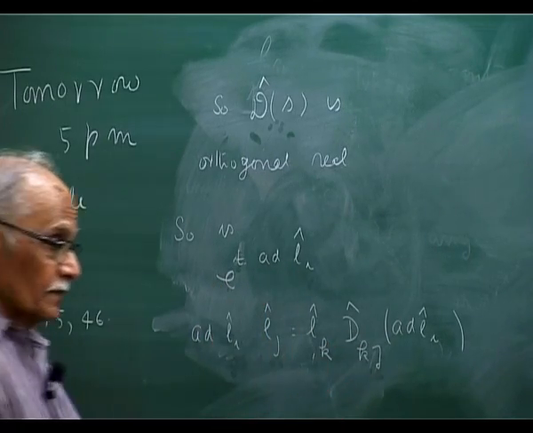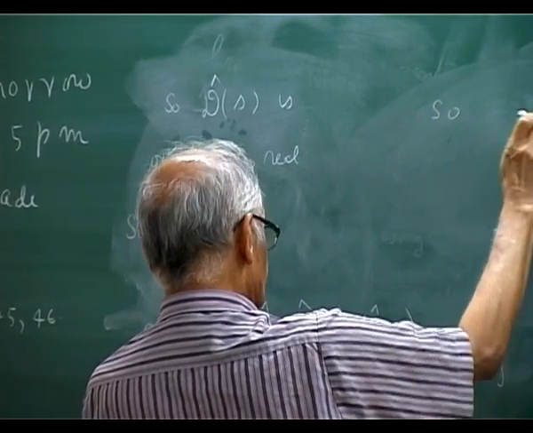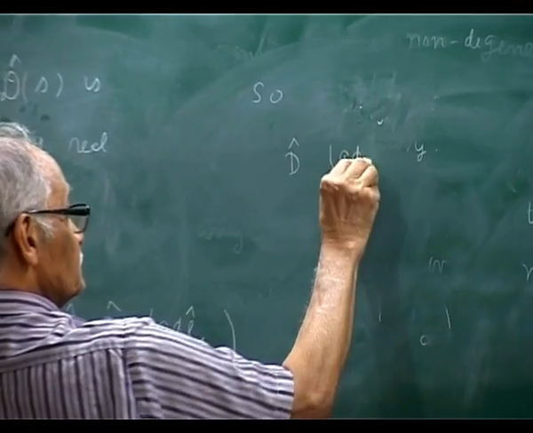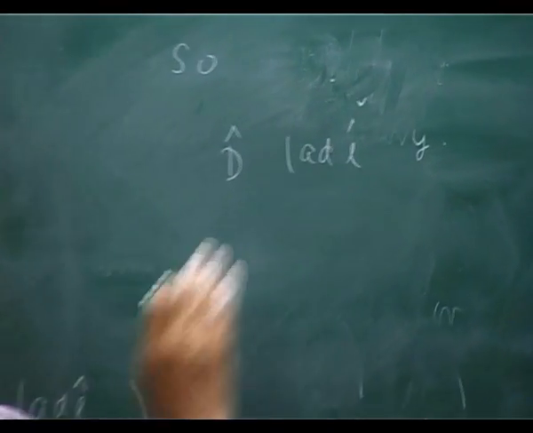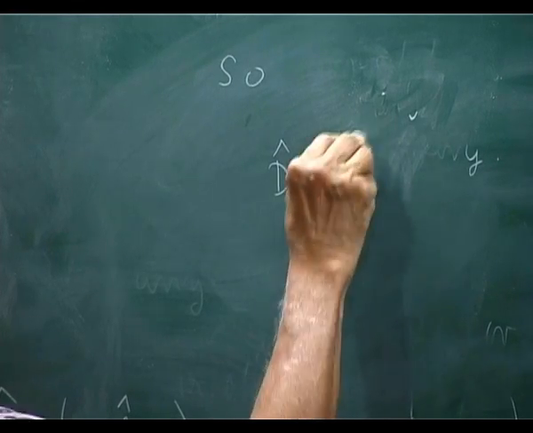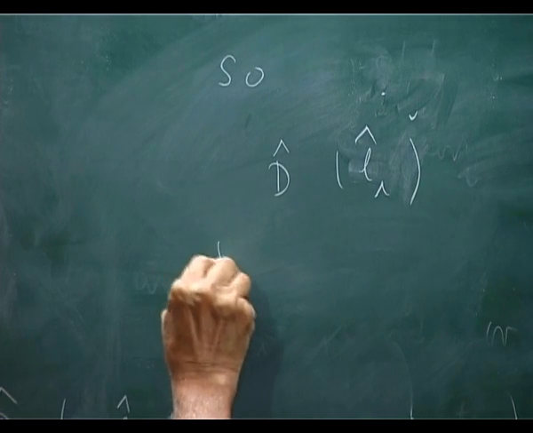So this matrix here, d hat of ad L hat I, I don't need to write ad here, that is what is confusing me. D hat of L hat I is what?